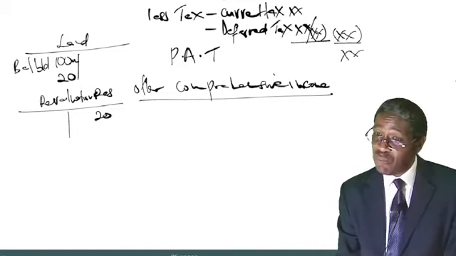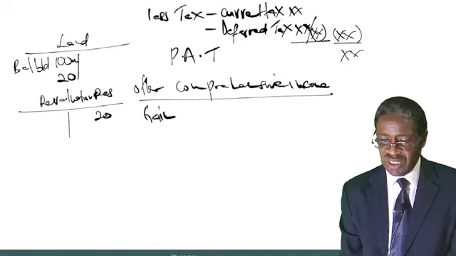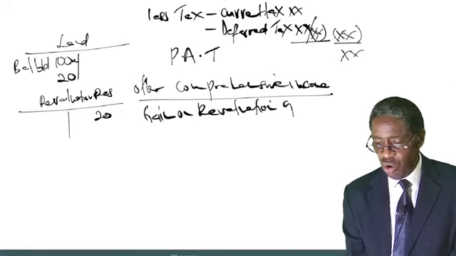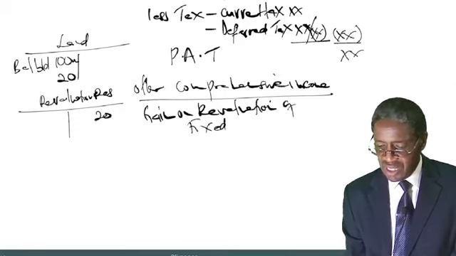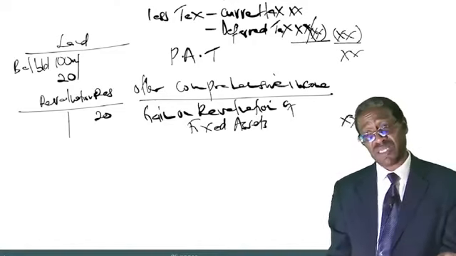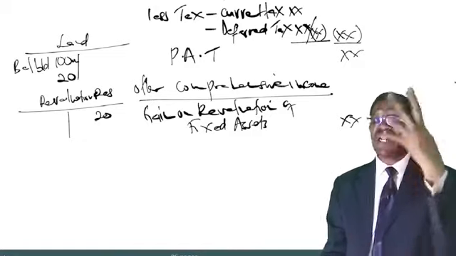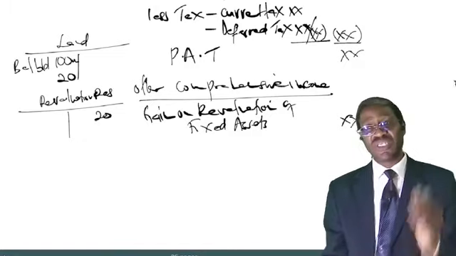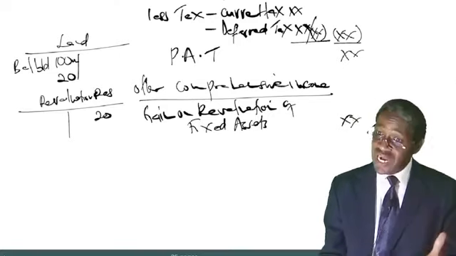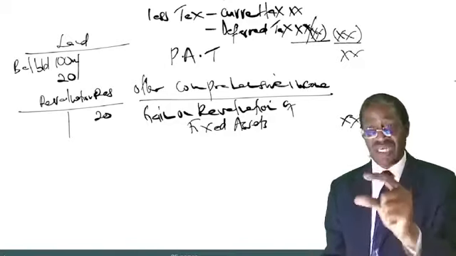So one example of other comprehensive income here could include gain on revaluation of fixed assets, or what you can call non-current assets. When you revalue your non-current assets like machinery, motor vehicle, land, buildings, you normally don't debit land and credit P&L. No. You normally debit land and credit revaluation reserve. But is it a gain? Yes.